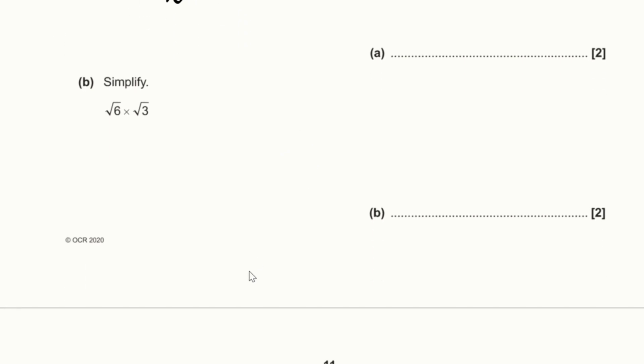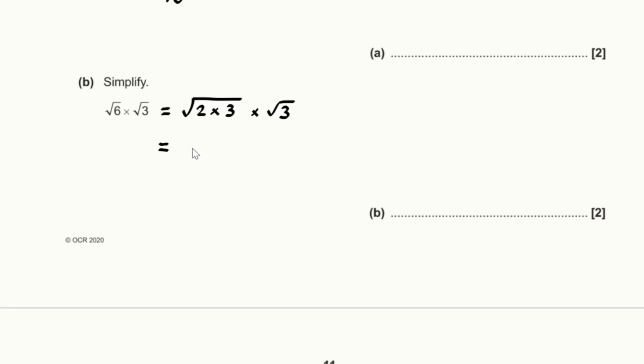Part B of the question, we have to simplify root 6 times root 3. Well, root 6 is the same as root 2 times 3. And I'm multiplying this by root 3.